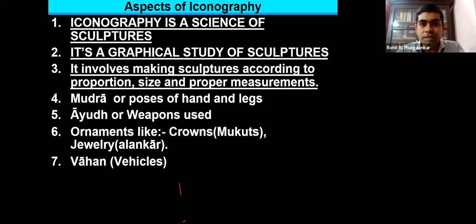So when we speak about a Hindu icon for that matter, we would have to look into these four things: the mudra, the pose, the weapons, the ornaments, and the vahan. Now these give us clues, they are the key identifying features, or the attributes which are used to identify an icon, or which are used to identify a sculpture.